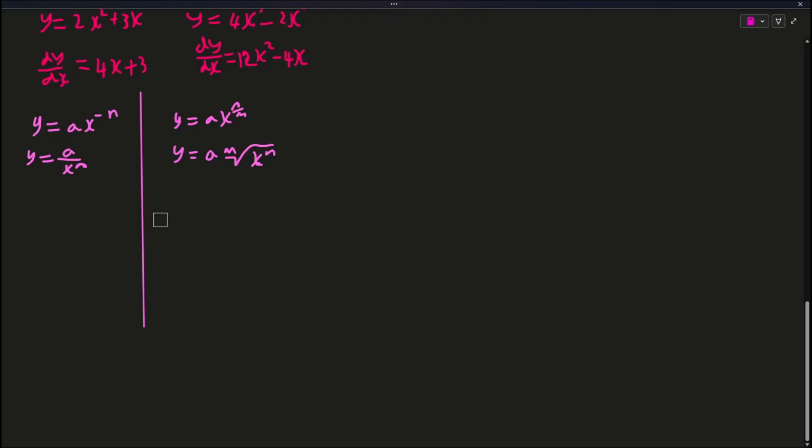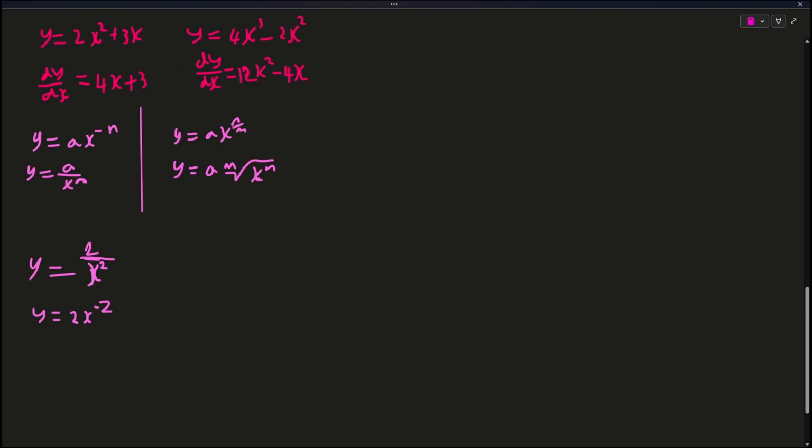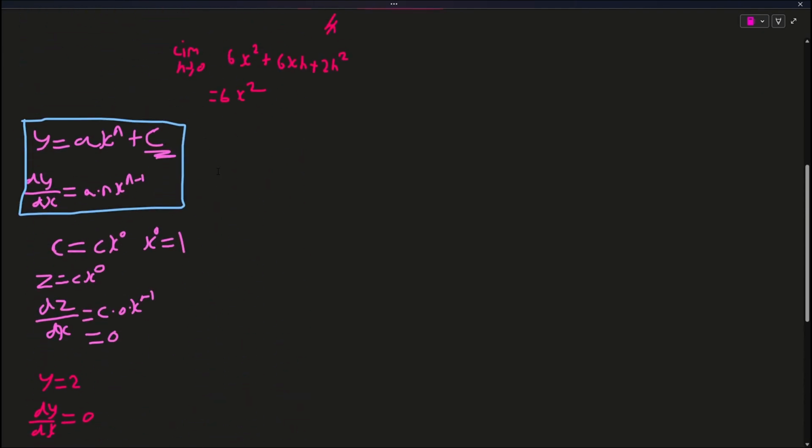So now let's say we had questions based on these two. Let's say we had an equation y is equal to 2 over x squared, right? So rewriting this out, we have 2 times by x to the minus 2. Now applying the formula, the same one from earlier.